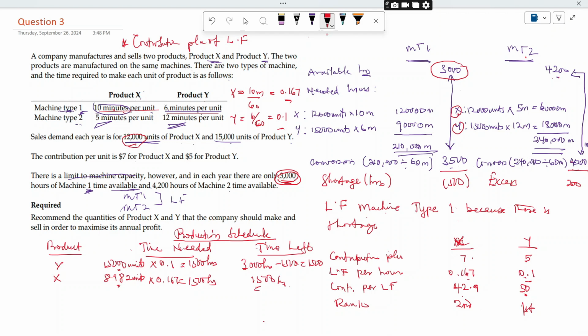Okay, great. Now, this is just by the way. This approach that I used in arriving at the shortage and the excess here, someone can also use a different approach, like what I'm going to do.